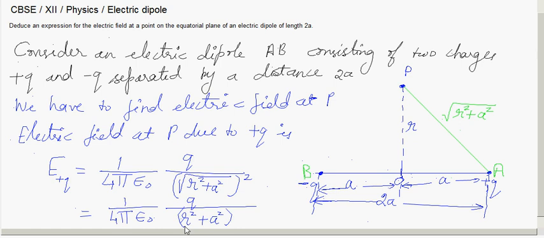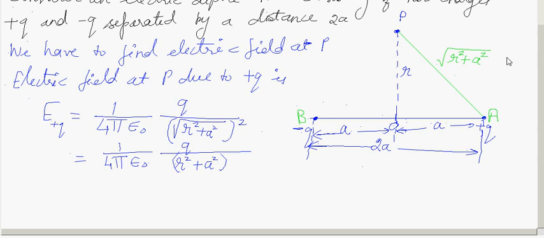The square root and square cancel. The direction of this field is away from plus q, so along AP. If I mark the electric field E plus q, this is E plus q.